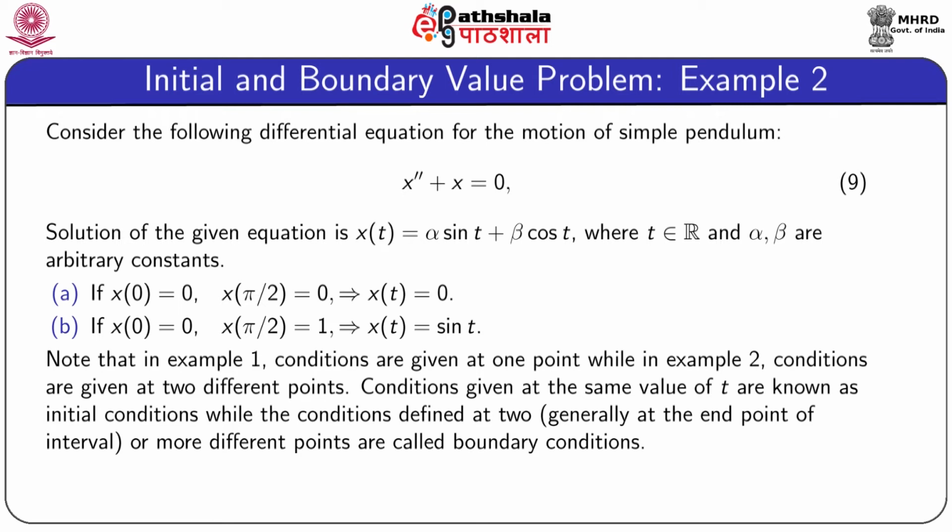Hence, we conclude that the conditions given at the same value of t are known as initial conditions, while the conditions defined at two or more different points are called boundary conditions. Therefore, we classify a differential equation to be an initial value problem or a boundary value problem according as the conditions are initial conditions or the boundary conditions.